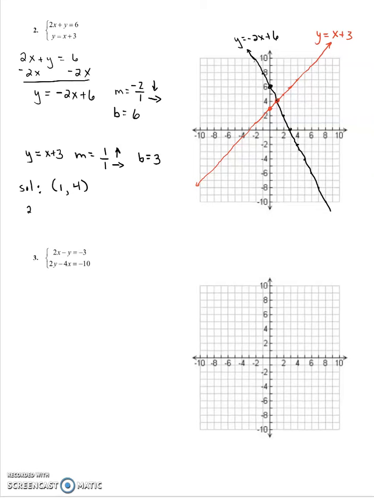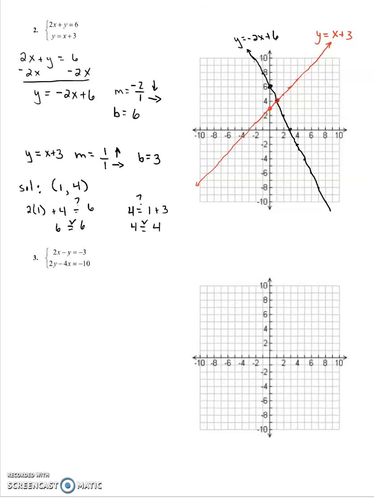So in the first equation, we have 2 times 1 plus 4, and we need to know if that equals 6. 2 times 1 is 2, and 2 plus 4 is 6. So checks in the first equation. In the second equation, we need to know if 4 equals 1 plus 3, and 4 does indeed equal 1 plus 3. So that is a solution.